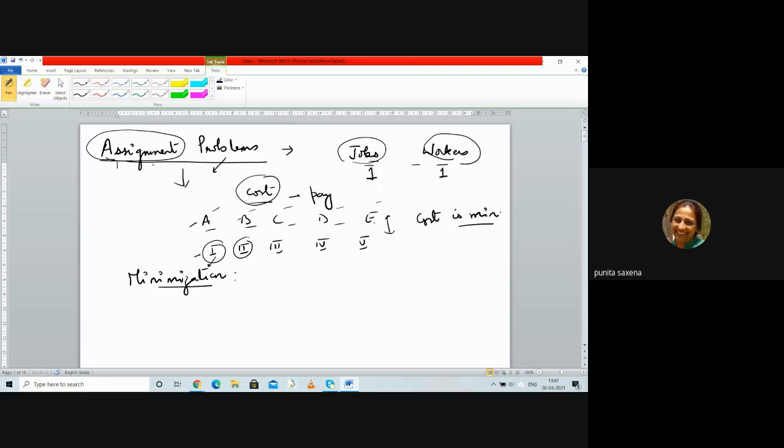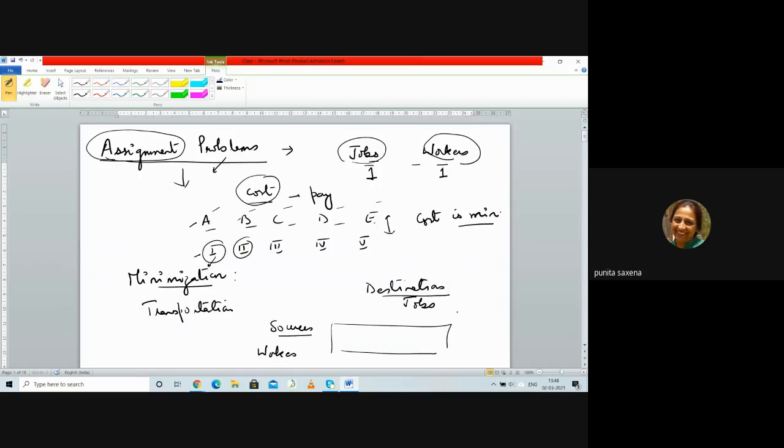Now, the thing is that with these assignment problems, we have seen transportation problems. Now, in the case of transportation problems, we had what? We had sources, we had destinations. Now, supposing instead of sources, I take workers. And instead of destinations, I take the jobs that need to be performed. So the matrix is more or less similar to that of transportation.